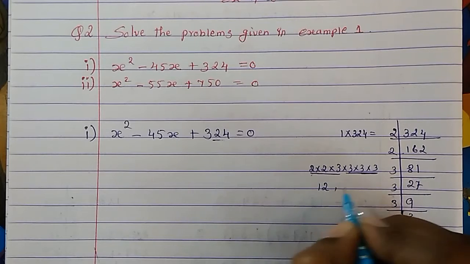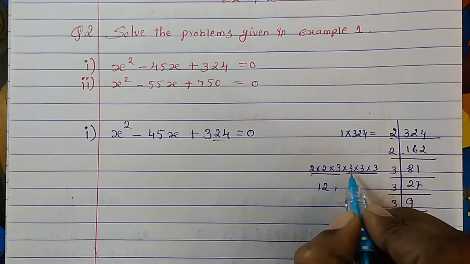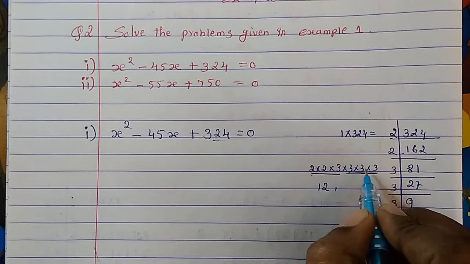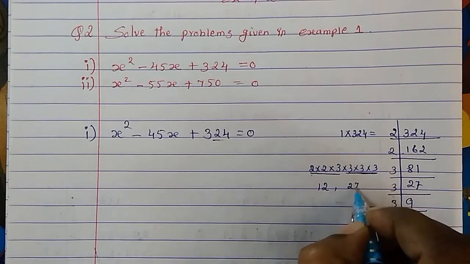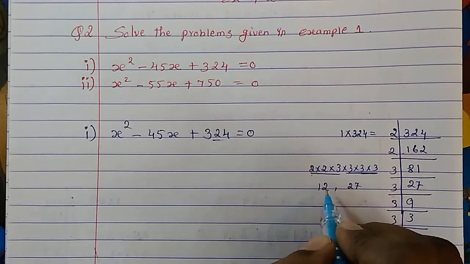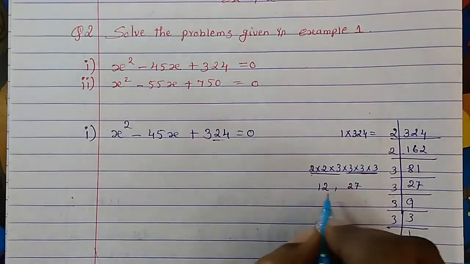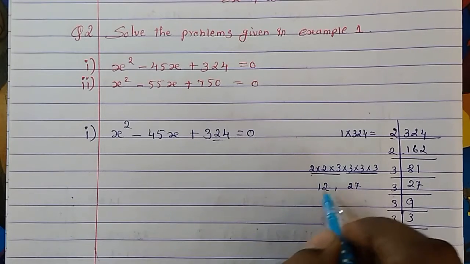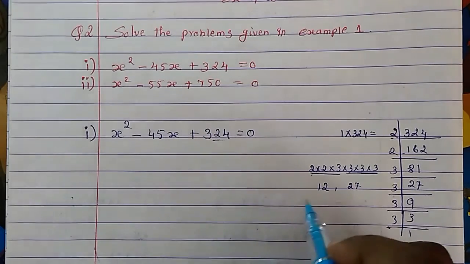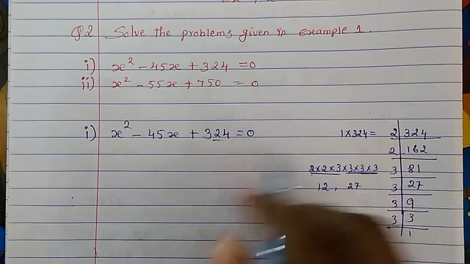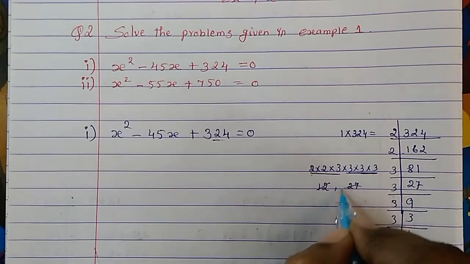Then we'll take this, 3 3s are 9, 27. Now by adding, are we getting 45? No. By subtracting also we will not get it, so this pair is not okay.